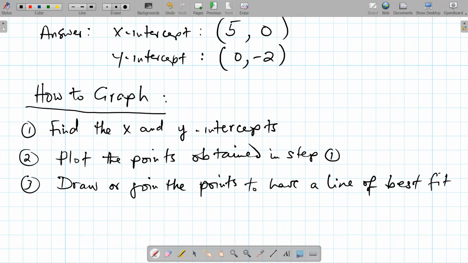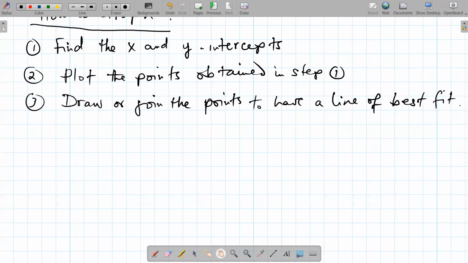A line of best fit. Okay. It's not too hard. Once you get your intercepts, you should be able to graph. So let's look at a couple of examples here.